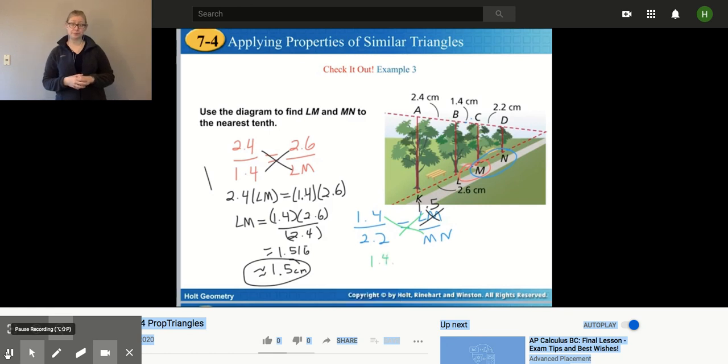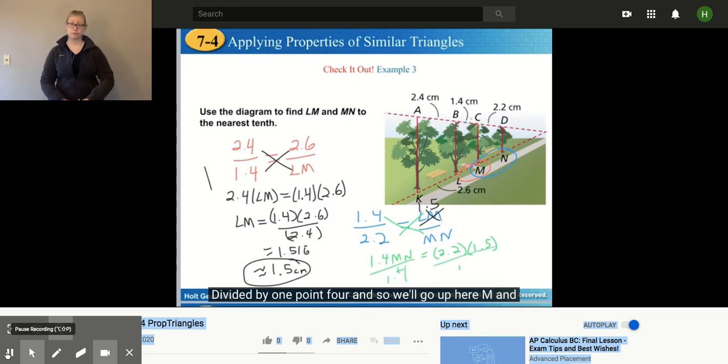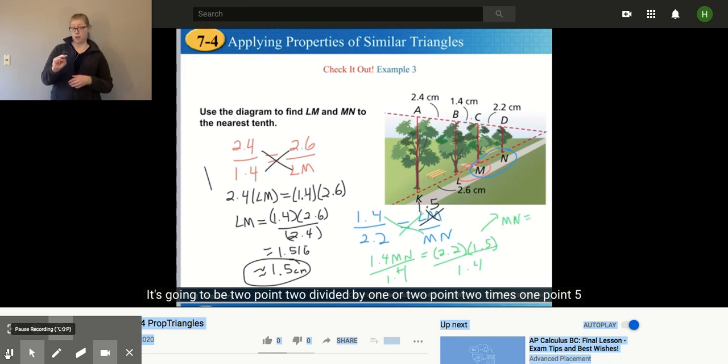So I'm going to have 1.4 MN equal to 2.2 times 1.5. And then I need to divide by 1.4. So MN is going to be 2.2 times 1.5 divided by 1.4.